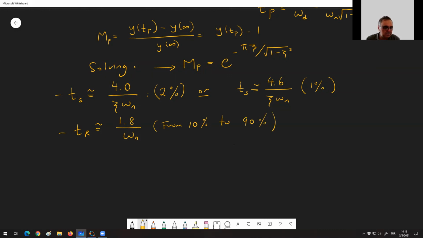So for second order systems, we have formulas. The maximum overshoot is e to the minus pi zeta divided by root 1 minus zeta squared. And you see that this is only a function of zeta, okay?